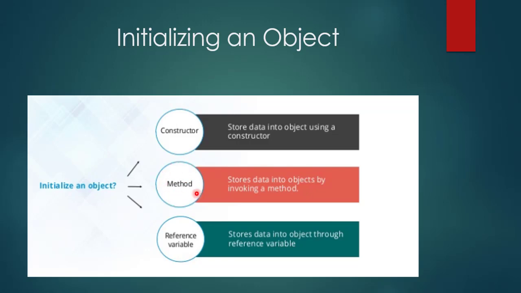The function and the method are the same, just a naming difference. Methods store data into objects by invoking a method, when you return a value or use a parameter. When the method is invoked, the object stores the data. A reference variable stores data into objects through the reference variable. We will use this when we talk about inheritance or polymorphism.